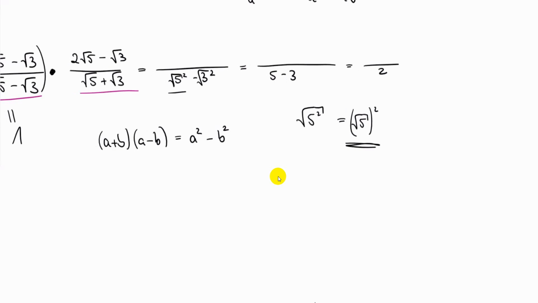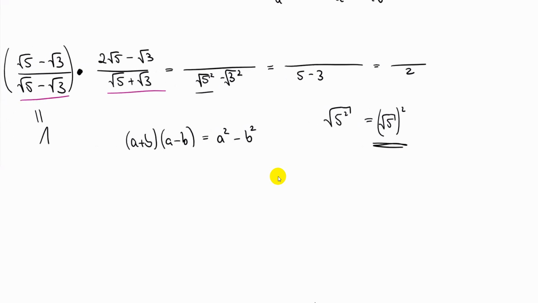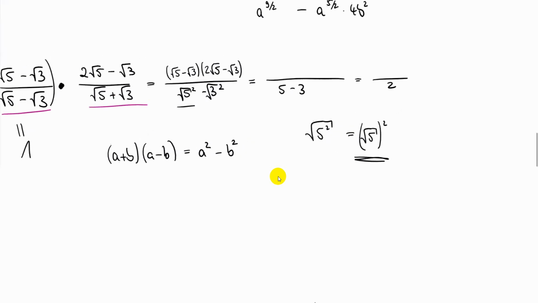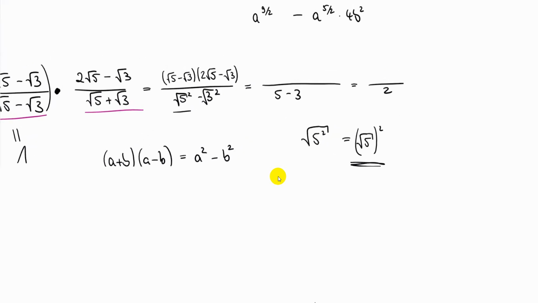Okay, what about the numerator? The numerator is like this. Please don't forget about the parentheses up here when you're putting it into one fraction. Always think of using parentheses. This is very important. And now we can do the expansion of these. I also don't have my colors anymore.